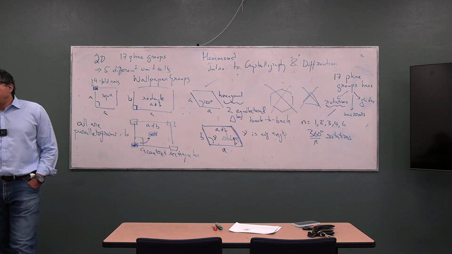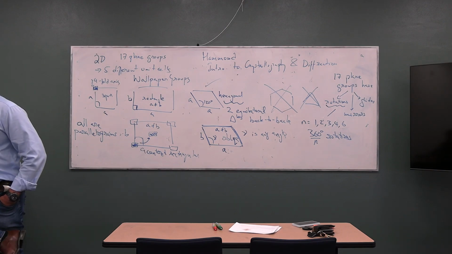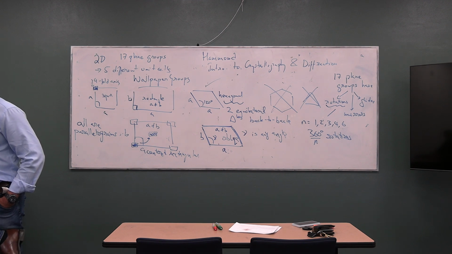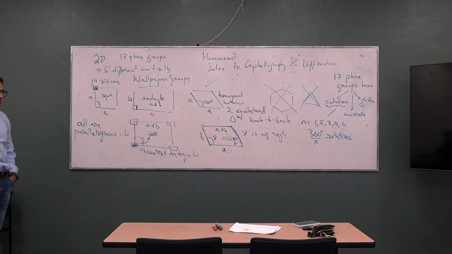Eventually, this led to a Nobel Prize for Dan Shechtman from the Technion, which is in Israel, because he was the first person to observe and describe this 5-fold symmetry. Those are materials that we today call quasi-crystals, and they don't follow the rules of normal crystallography.